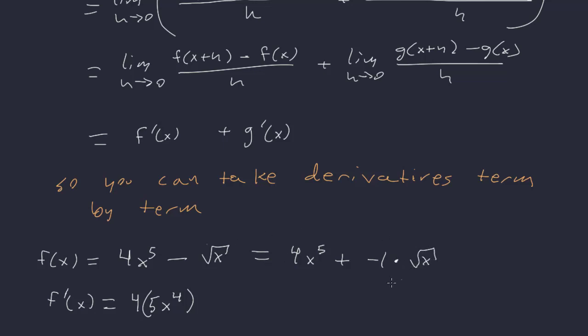So that negative 1 comes along for the ride to give us plus, in parentheses, negative 1 times the derivative of the square root of x, which is 1 over 2 root x. And if we simplify this, we get 20x to the 4th minus 1 over 2 root x. So that's how sums work.